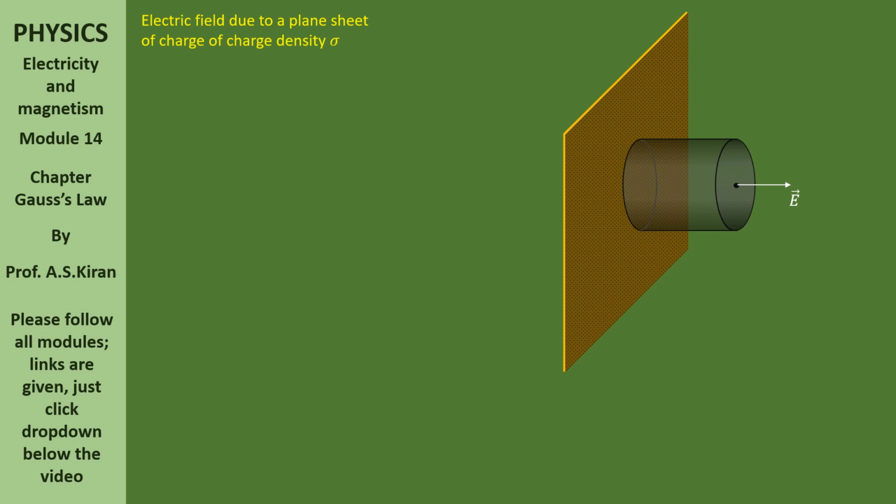Before applying Gauss law, what must be the consideration? Inside the closed surface, there must be some charges. Here in the diagram, you can observe that there is no charge inside the Gaussian cylinder.